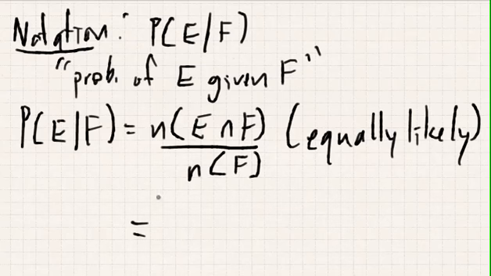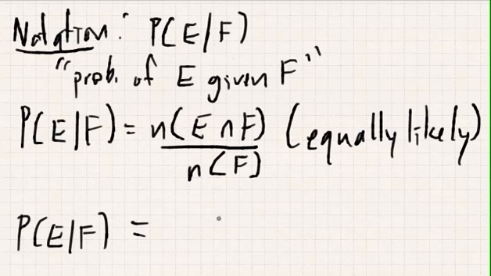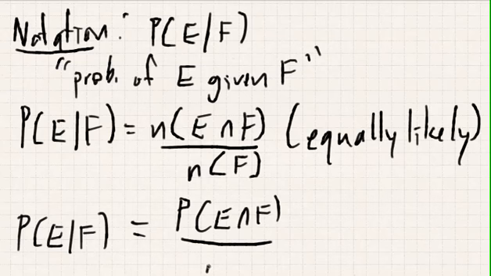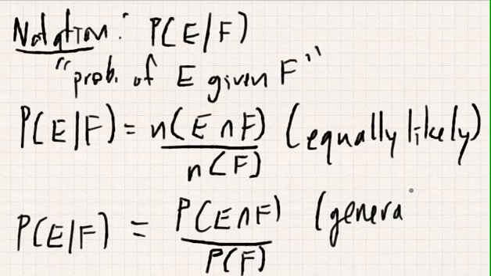Generally, what we have to do is instead replace n with p, which is something that we've been doing a lot. The probability of E given F is the probability of E and F divided by the probability of F. This is what we do generally to compute this.